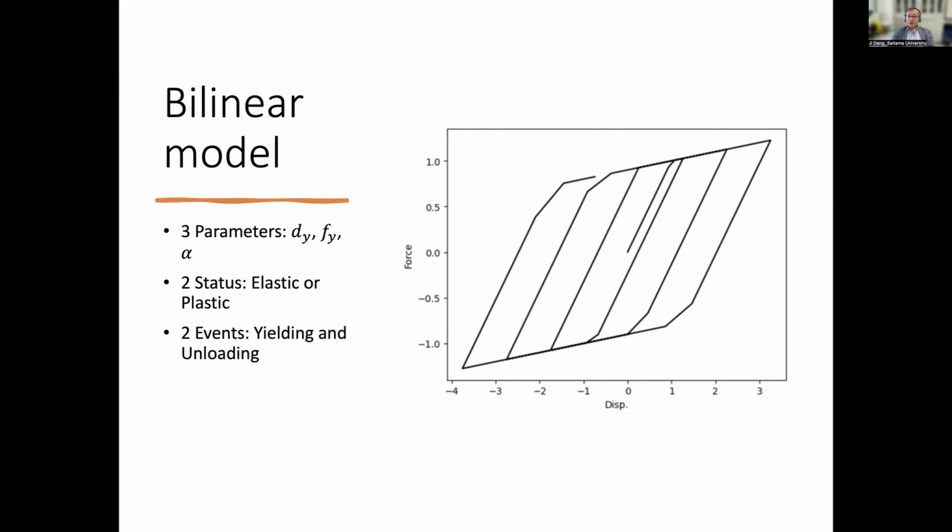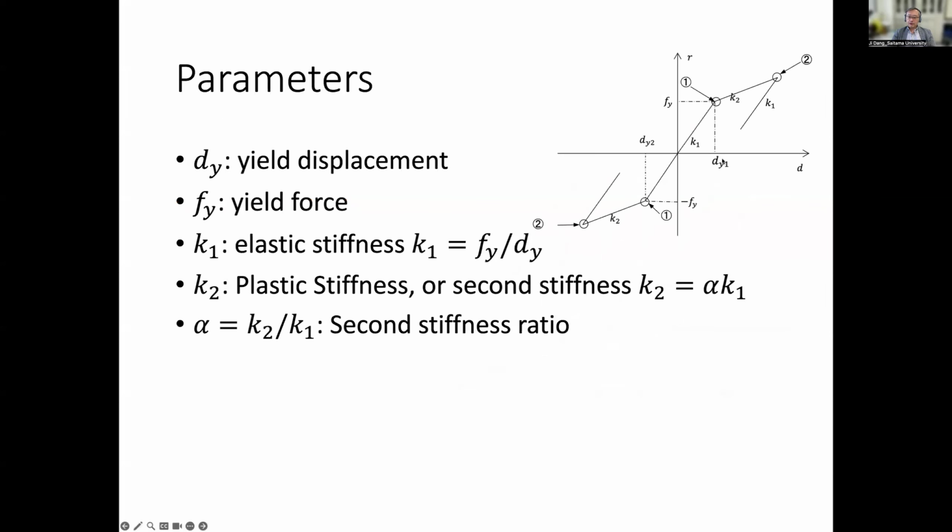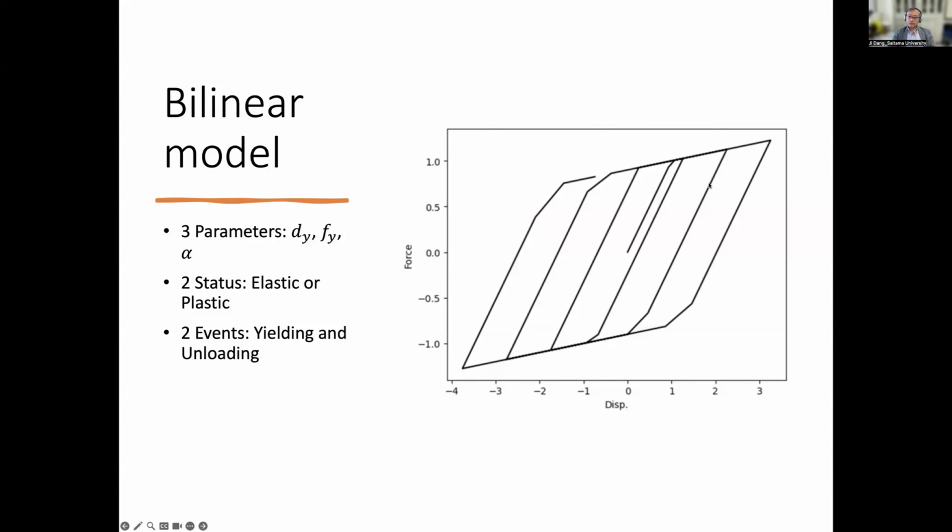The other is called unloading. Unloading means that from the plastic domain you load in the other direction. In that case, you will come back from the plastic to the elastic domain. We call it unloading.